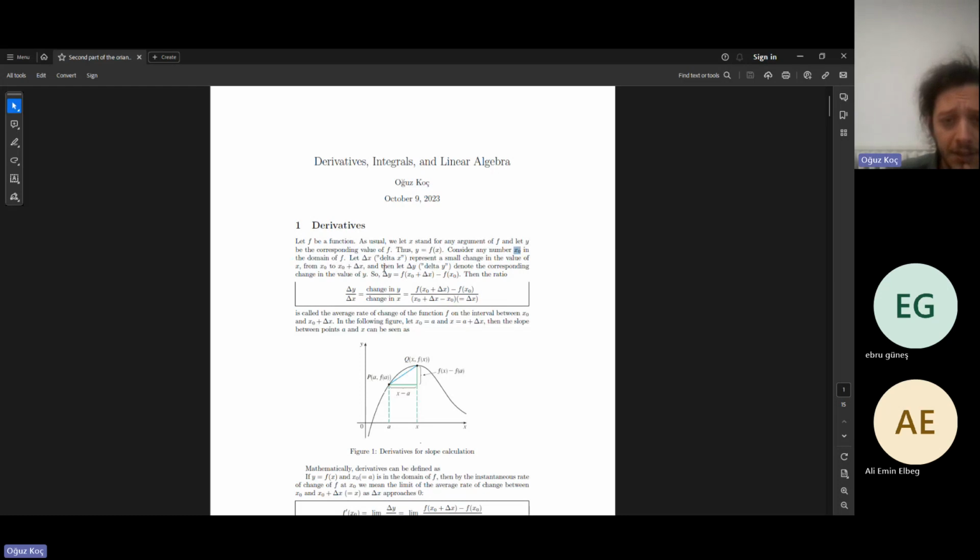x0, and we have a delta x, which represents a small change in the value of x from x0 to x0 plus delta x. You can also think of this as x1, where the distance between x0 and x1 is delta x, and then we also evaluate delta y, which denotes the corresponding change in y.